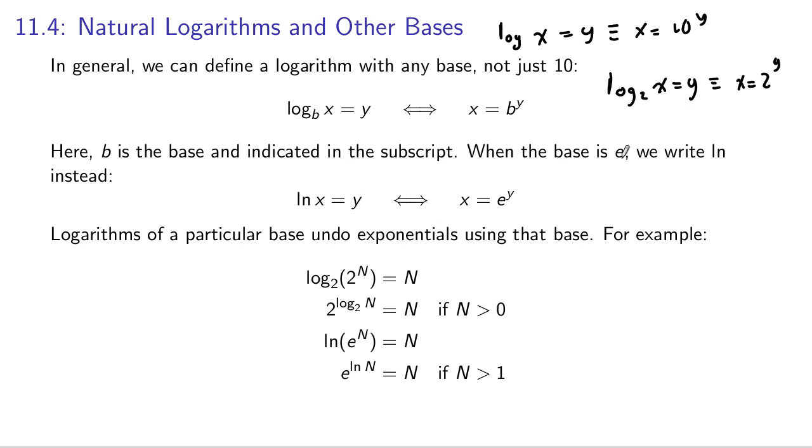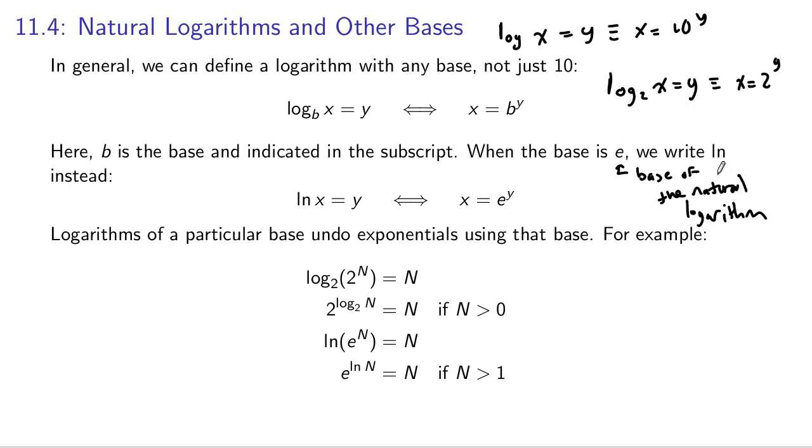When the base is e, which is the number that we talked about a few weeks ago, e is known as the base of the natural logarithm. It comes up whenever you have continuous growth, and also comes up in other places. When the base is e, we write ln for log instead.